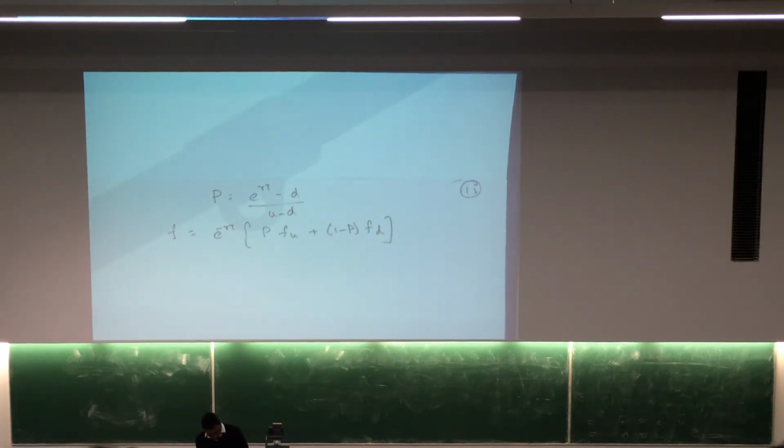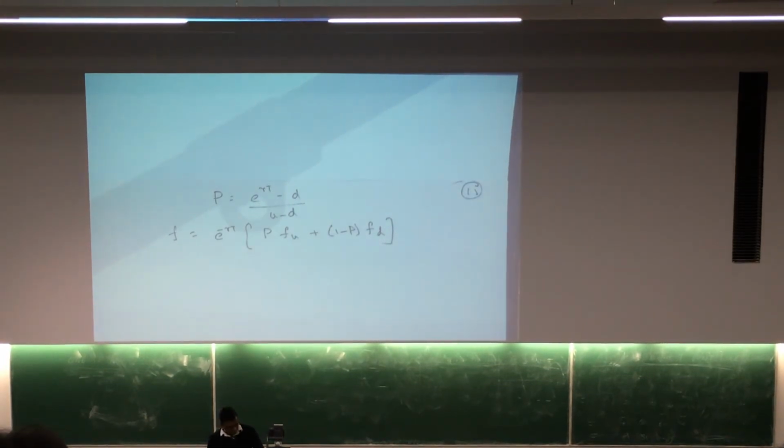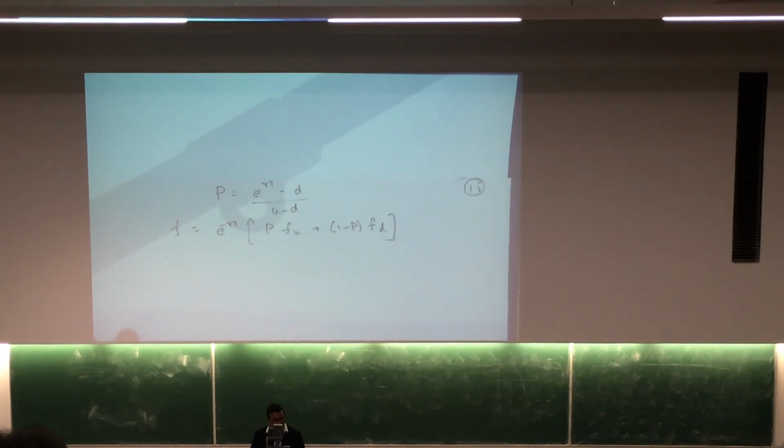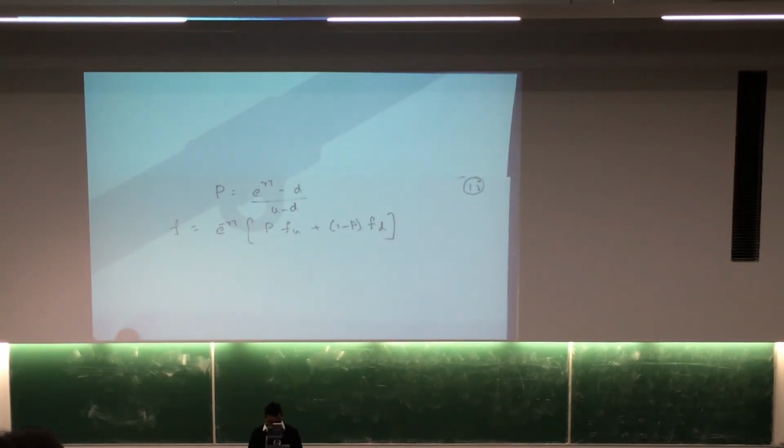So why did we do this? Because this will simplify many of our calculations. From now onwards, what you should remember is the following. This particular notation, and we have two situations. The value of the option is F, and sometimes that would take FU when the stock price is going up.